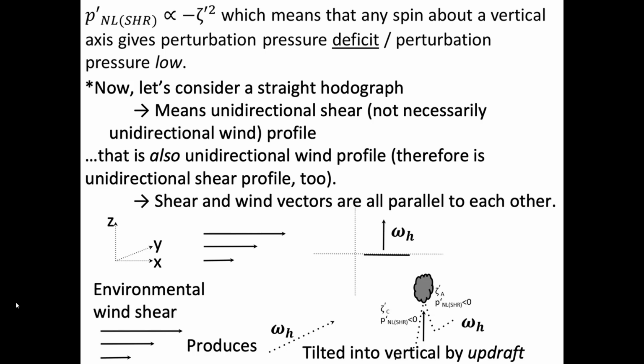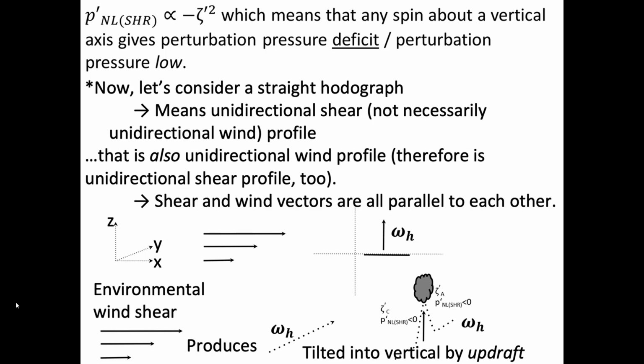Now, because we're drawing that vortex tube upward, we're going to have a downward component of that vorticity on the north side of that updraft, or to the left of the westerly shear vector. So again, cyclonic vorticity to the south, anticyclonic vorticity to the north.